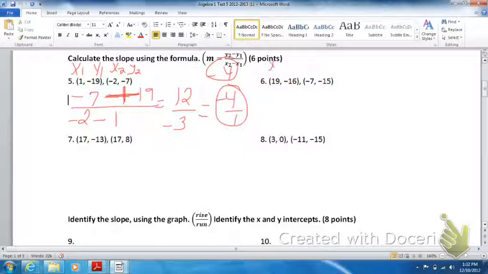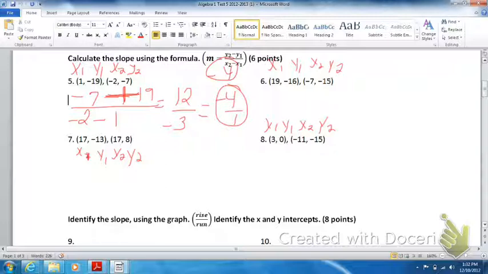Next one, label the points again: x1, y1, x2, y2.